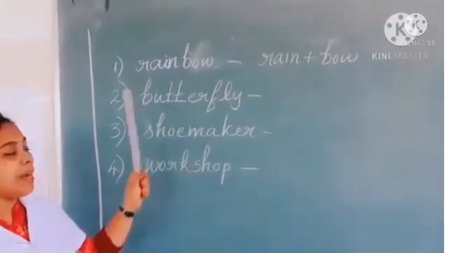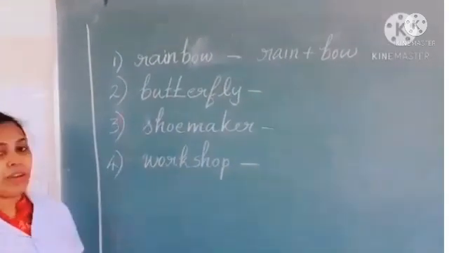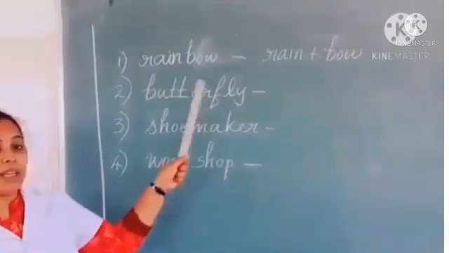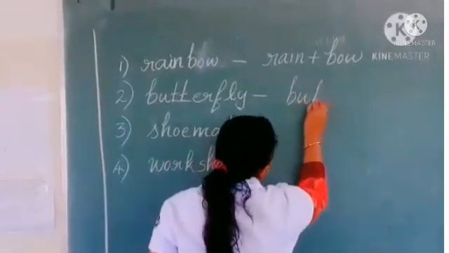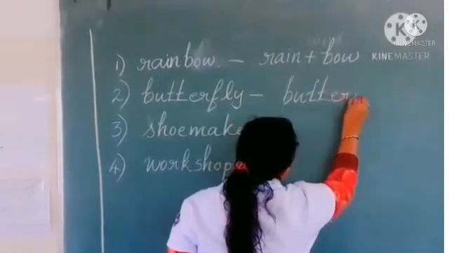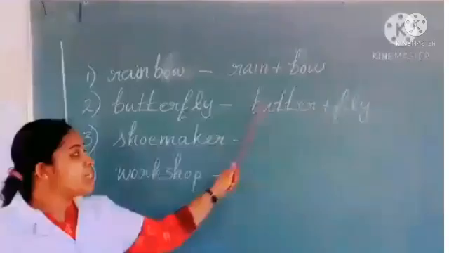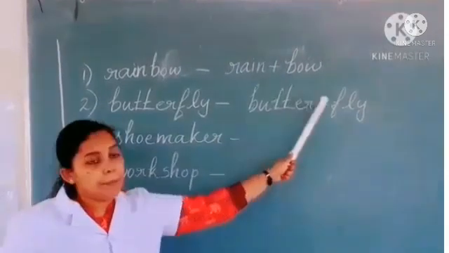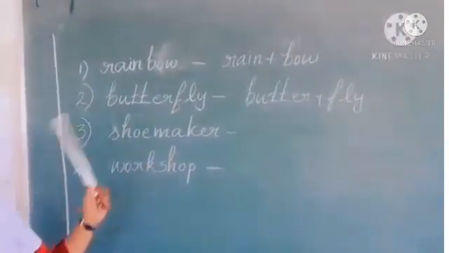And second one, butterfly. Can you find any two short words from the word butterfly? Yes, butter plus fly. F-L-Y, fly. So, we join the words butter plus fly, we will get a new long word that is butterfly.